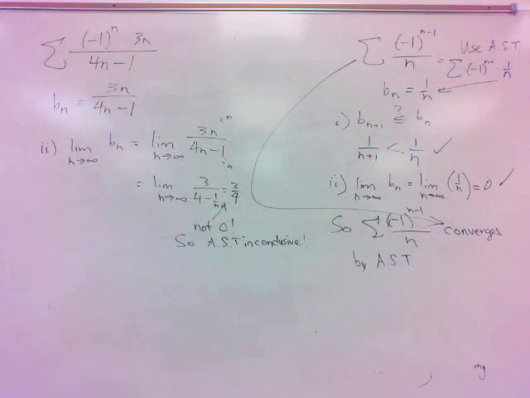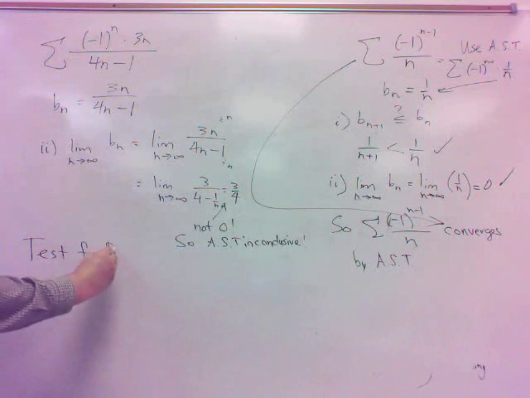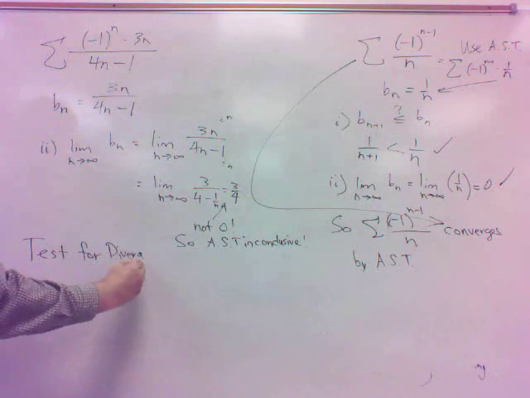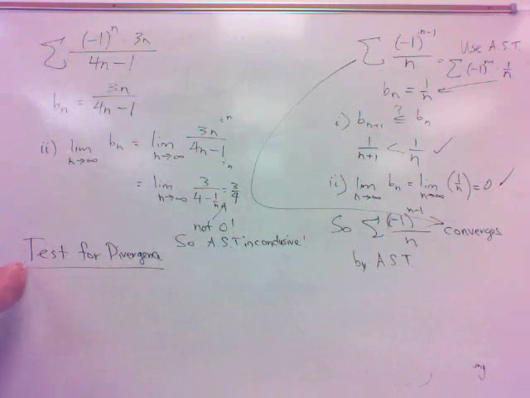Any thoughts, maybe? Since this limit was not 0, does that make you think of anything? One we haven't talked about in a while yet. What about the test for divergence? Isn't there something there we can use maybe?